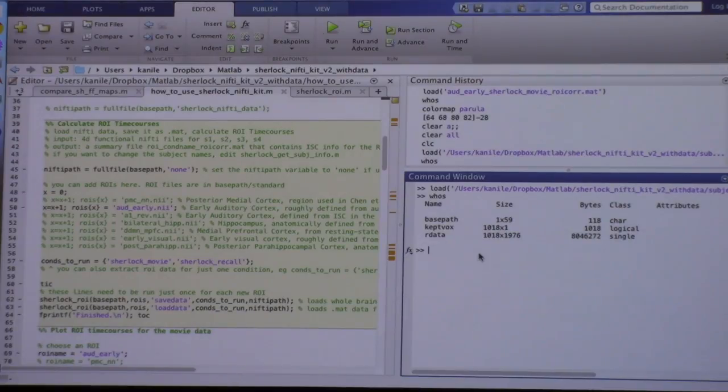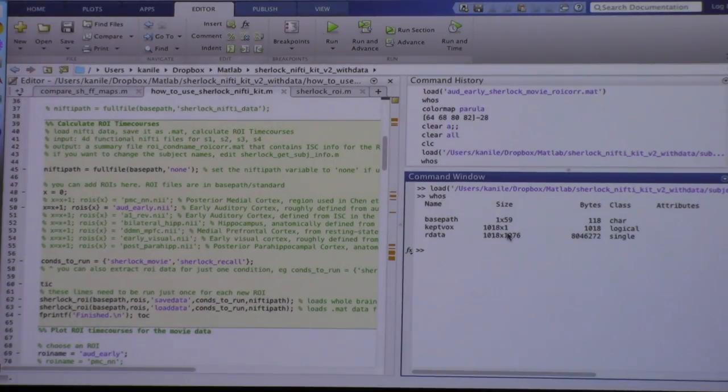So we have the R data, which is the ROI data. In this case, it's the early auditory cortex, bilateral. It's 1,018 voxels and 1,976 time points. So that's the 50 minutes.